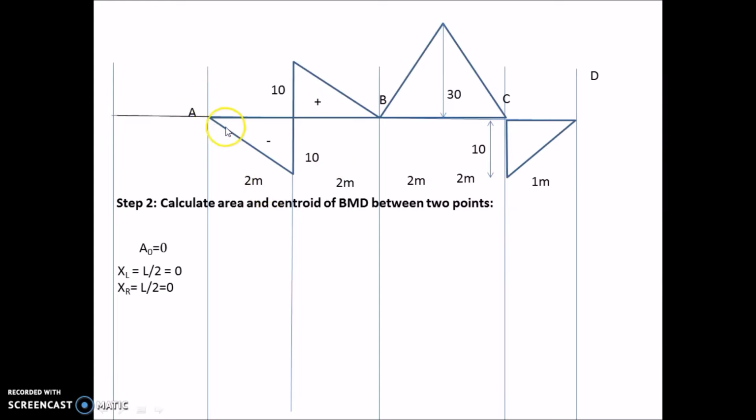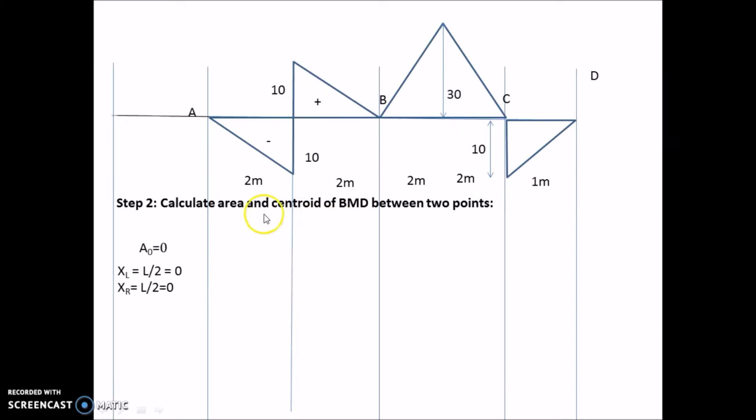I mean this span AB is of area A1, but we will get 2 A1s, 2 XLs, 2 XRs for this span. While we apply them in this formula of the three moment theorem, we will adjust these values accordingly.